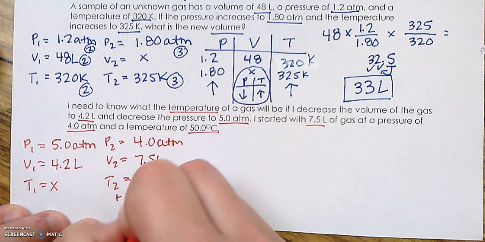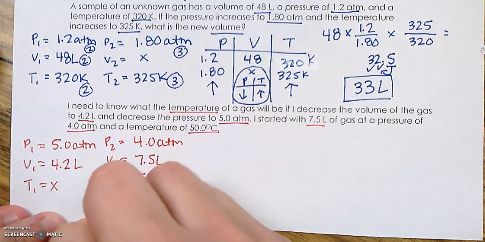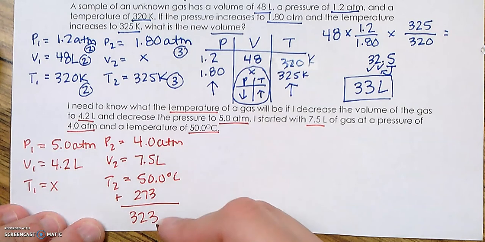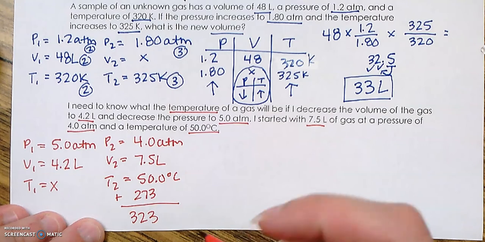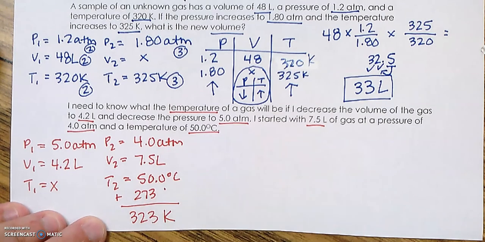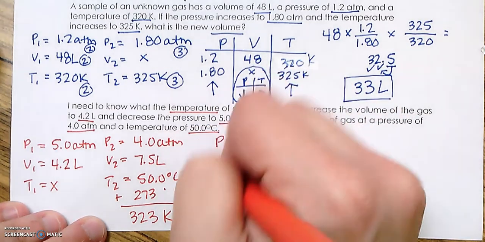Now I have to add my 273 there. So that gets me 323. This 0 is significant, that 3 is significant, so I can keep that ones place. There's no decimal here, so I cannot keep the decimal. Ready to go ahead and put it in our table.